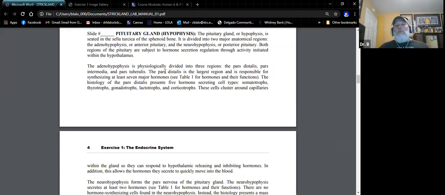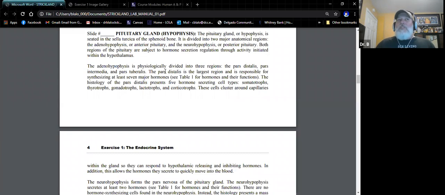These 7 different hormones are going to be created by 5 different cell types: somatotrophs, thyrotrophs, gonadotrophs, lactotrophs, and corticotrophs. Now, those cells should kind of give you a clue as to what parts of the body the hormones they secrete are going to affect.